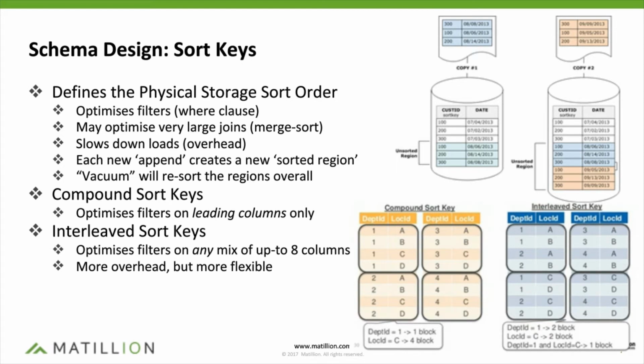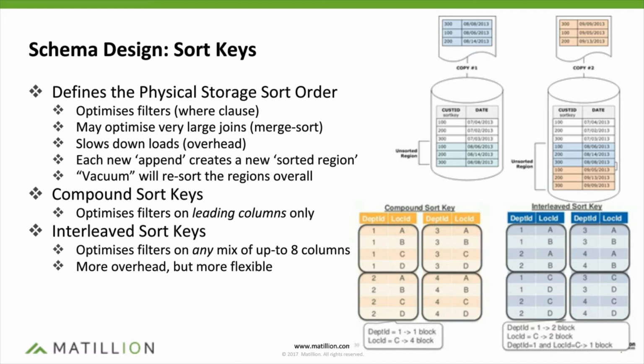Now, typically in a database, you don't care how the sort order is on disk. You care about sort order when you run a query, perhaps, and that's what ORDER BY is for, but the physical storage is not really of concern. But on Redshift, with its columnar architecture, it is important at query time that the optimizer can make decisions based on the physical sort order.